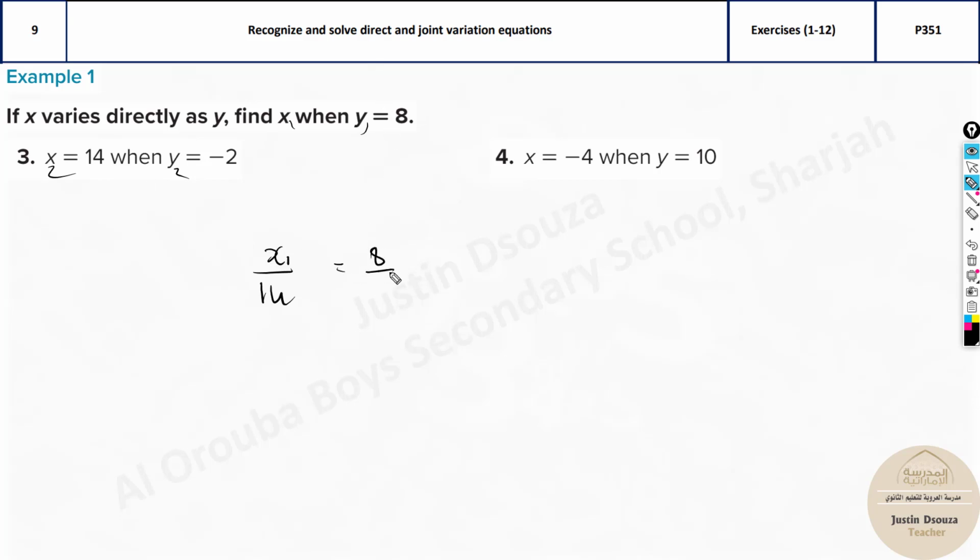Here it's 8 by minus 2. Direct substitution: x1 would be, taking 14 to the other side, 8 times 14 by 2. The negative sign I'll put out. 2 one time, 2 four times. So 14 times 4 is 56.